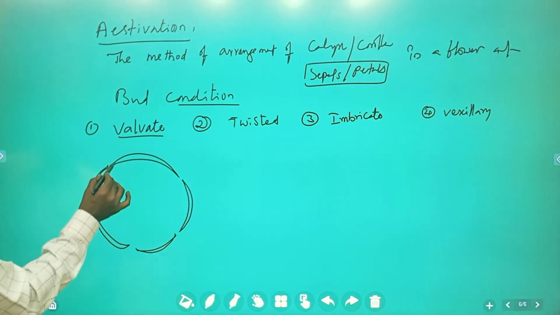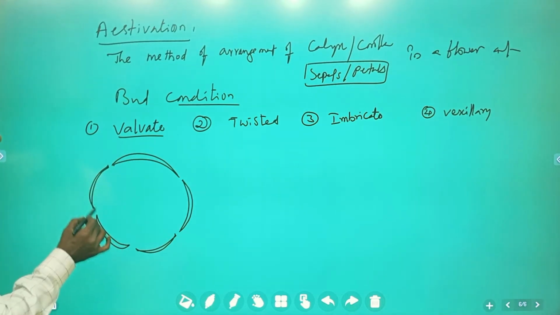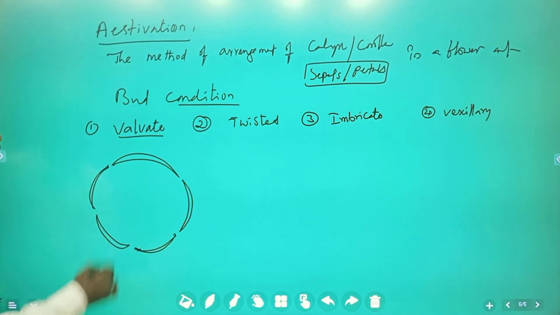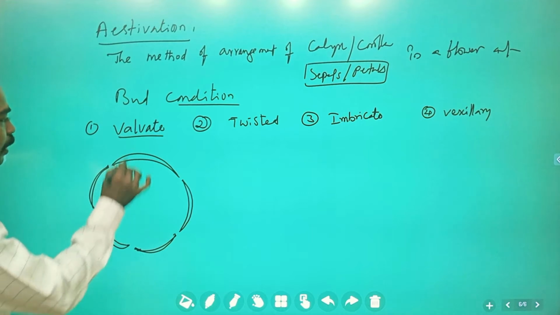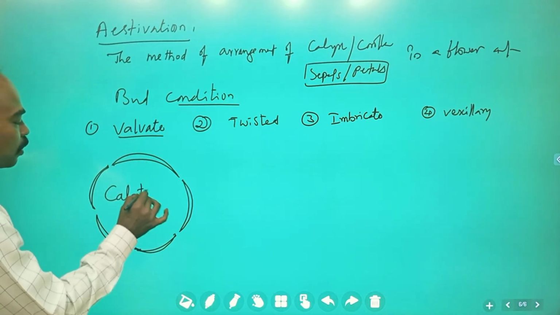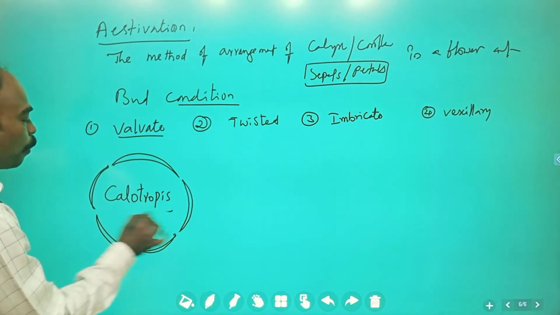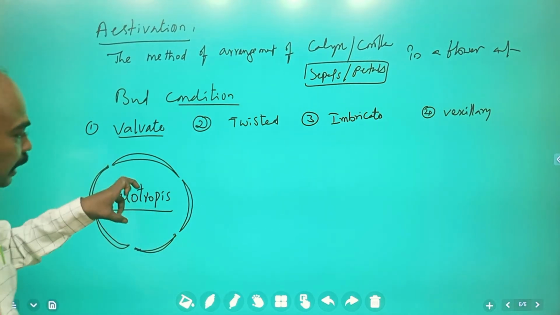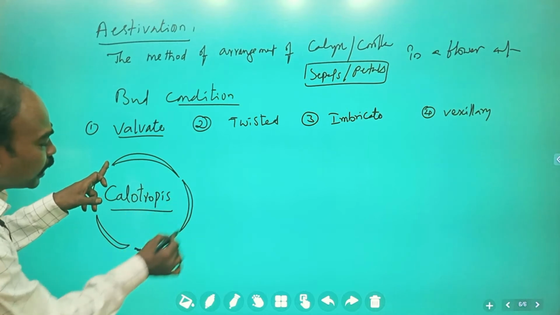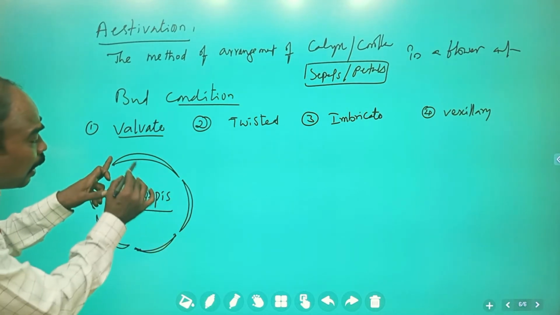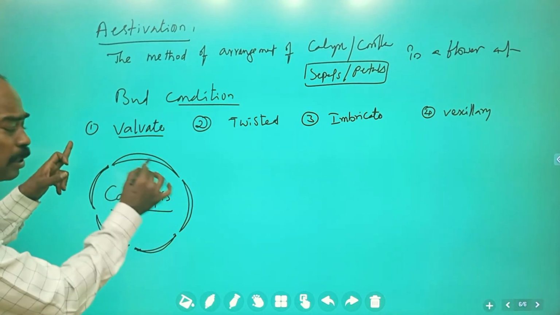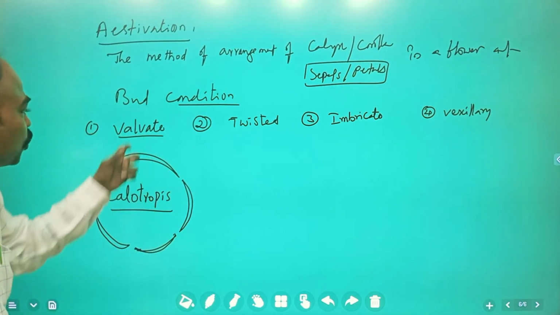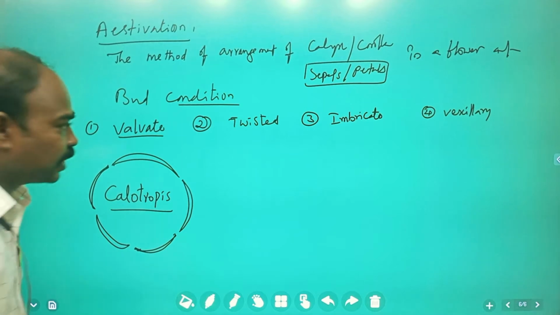See here, with short gaps only they are arranged, without overlapping or attachment. Such a petal arrangement is said to be valvate, found in Calotropis. Example Calotropis, I write example at center. So each and every sepal or petal in the same whorl is without any overlapping, with small gaps. Such arrangement is called valvate.